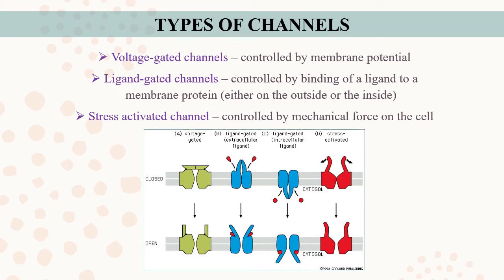When the ligand binds, the channel will open, and if the ligand is not bound to the protein, it will remain closed. The ligand may be extracellular or it may be intracellular. The third one is the stress activated channel, which is controlled by mechanical force on the cell.